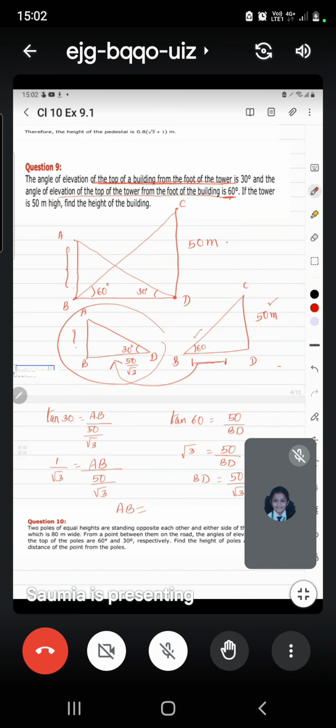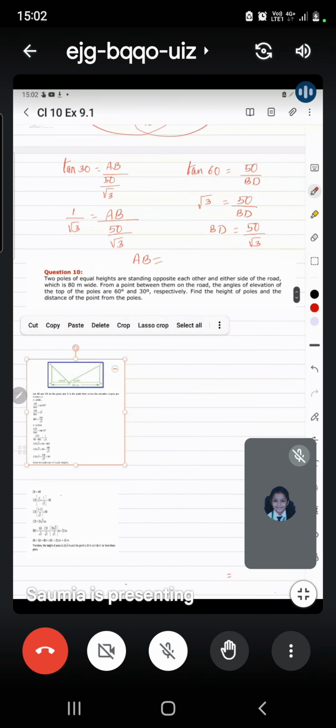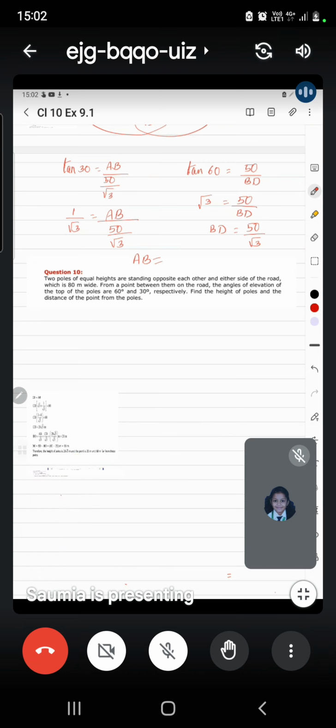Okay. Now, next question. Try this also. Draw the figure. Two poles of equal heights are standing opposite to each other on either side of the road, which is 80 meters wide. That means there is a road, and on either side of the road, we have two poles of equal height.